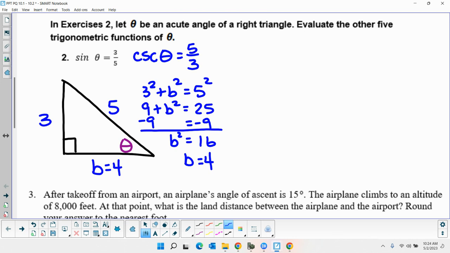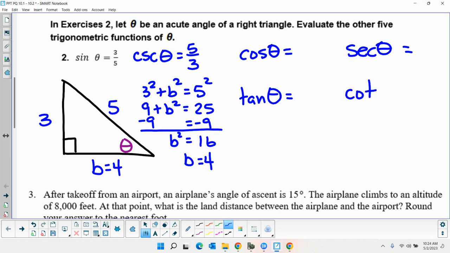Okay? And then we'll do cosine. And we'll do secant. And then we'll do tangent. And then we'll do cotangent. So those are the other 4 I have to get.